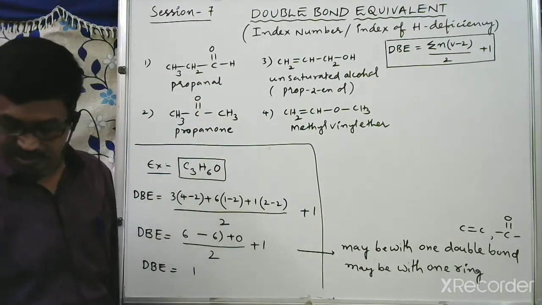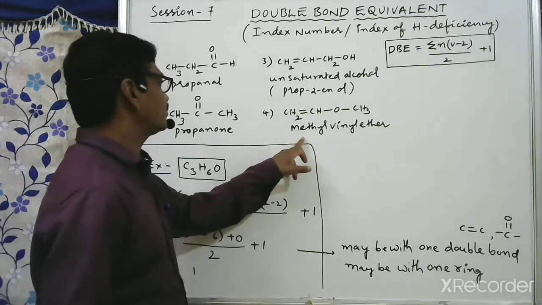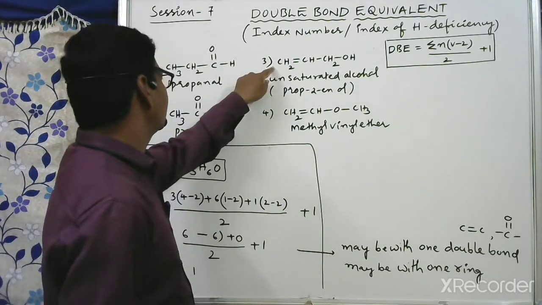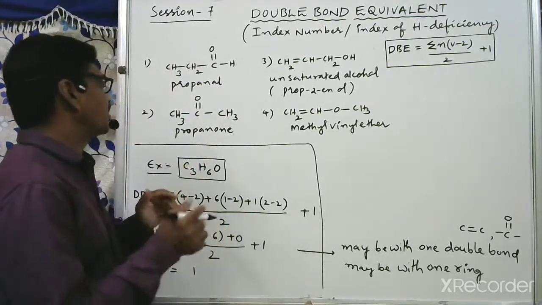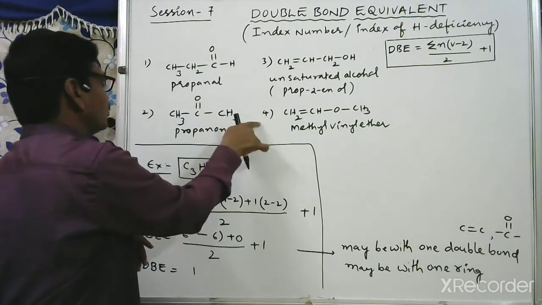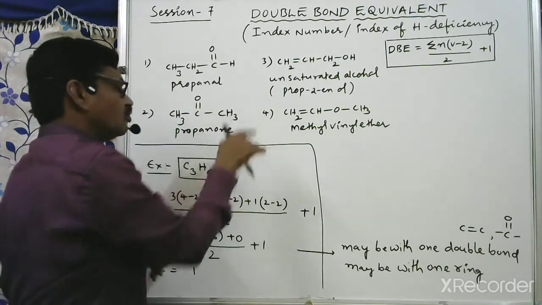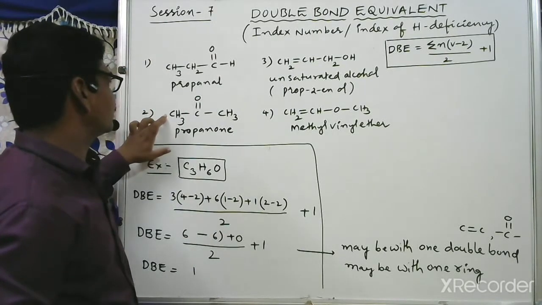This is one structural isomer, but this is a functional isomer, and this also a functional isomer. If you write the pairs 1 and 3, 1 and 4, 2 and 3, 2 and 4, they are all functional isomers. These two are also functional isomers.